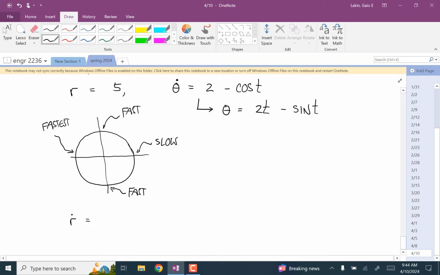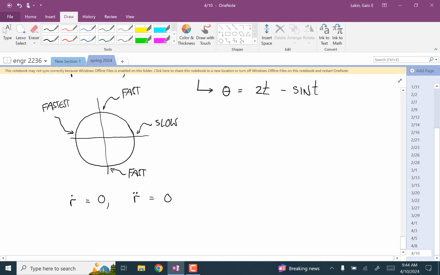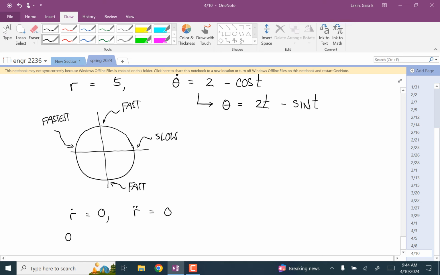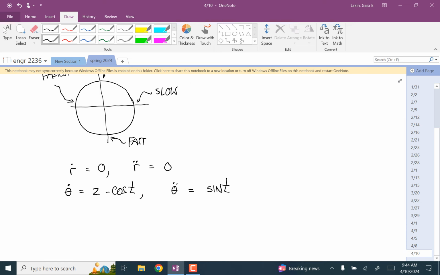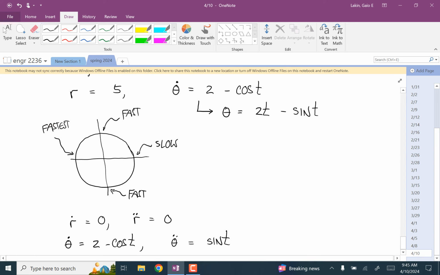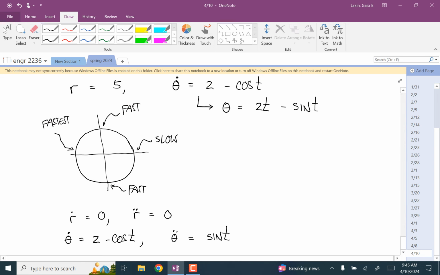So r dot is 0. R double dot is 0. Theta dot, that actually was what I started with, so that's this. And theta double dot is sine of t. Right? I didn't make any mistakes, right?